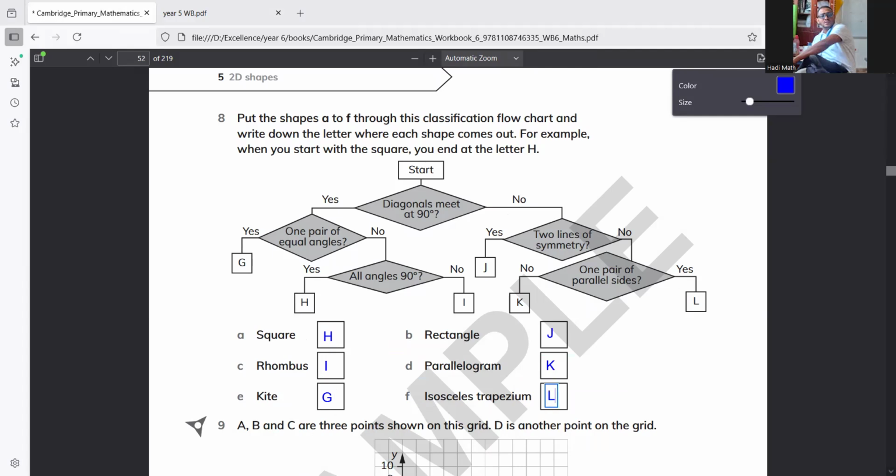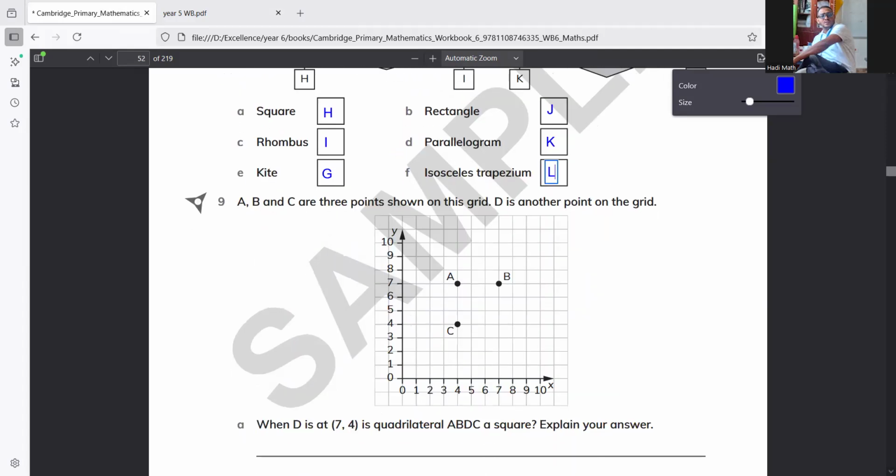So this is what we have for each one of them. They said A, B, and C are 3 points shown on this grid, and D is another point on the grid. They say when D is at 7 and 4, the quadrilateral ABCD is a square.